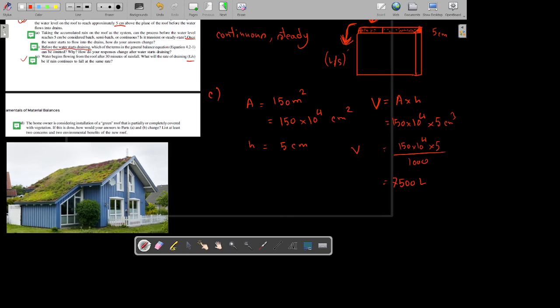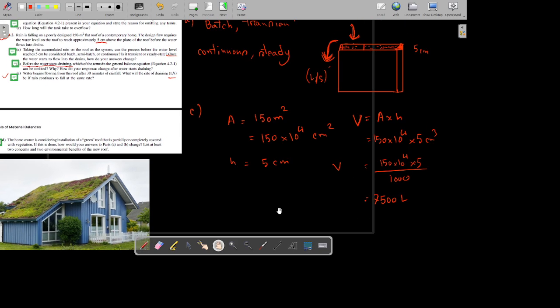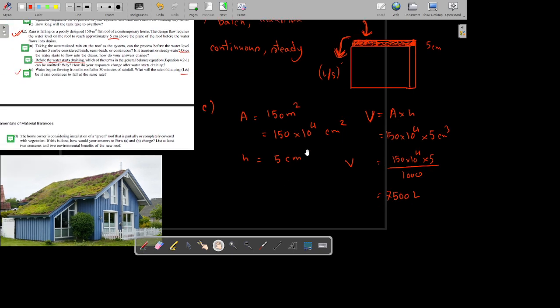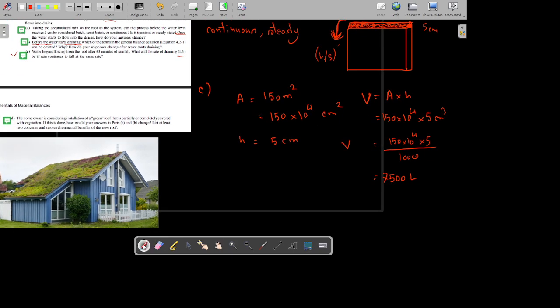So if I want to find out the volumetric flow rate, we have found out the volume of the water. Now if I want to find out the volumetric flow rate, I have to do V dot. Dot means flow rate.